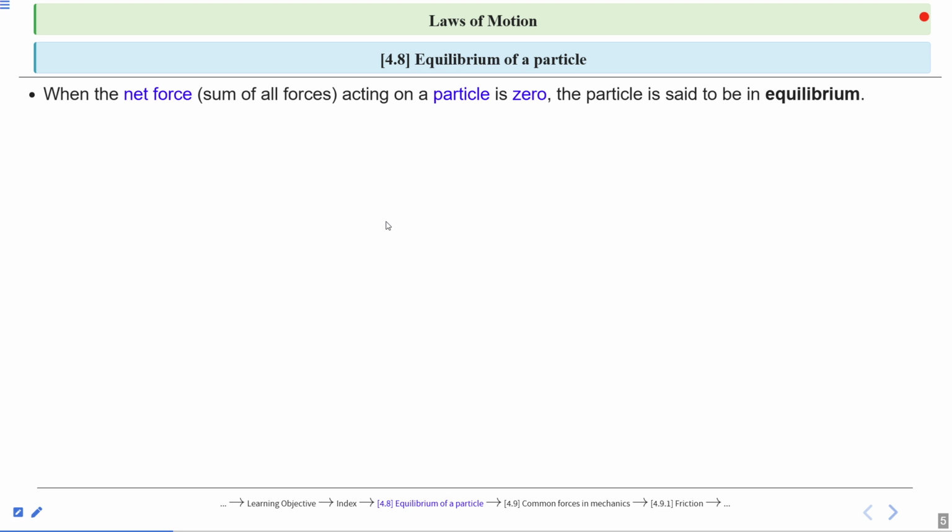It means when the net force, the sum of all forces acting on a particle, is zero, the particle is said to be in equilibrium. Mathematically, summation F equals 0, the sum of all forces should be equal to 0 for the equilibrium condition.